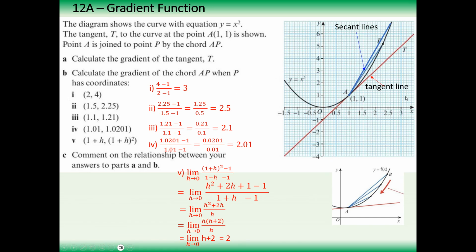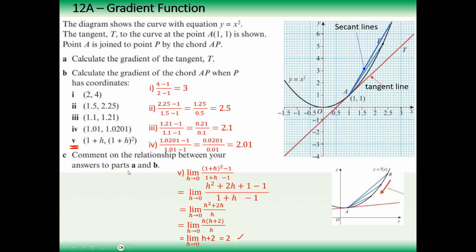You would have found the exact value is actually 2, and this is the answer we got with algebra in part 5. This is the most challenging part of the question; if you're not familiar with limits and you don't know what's going on, this is hard to understand. You would just substitute h equals 0 at the end after the cancellation.